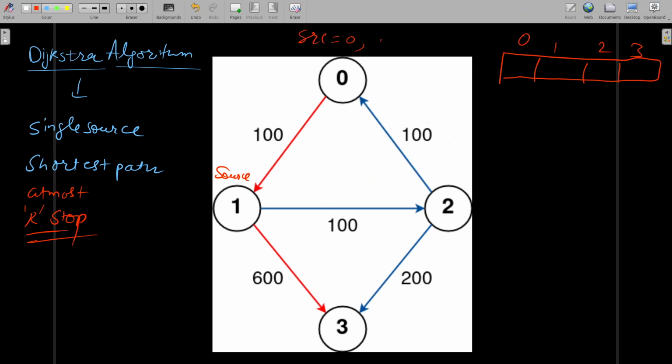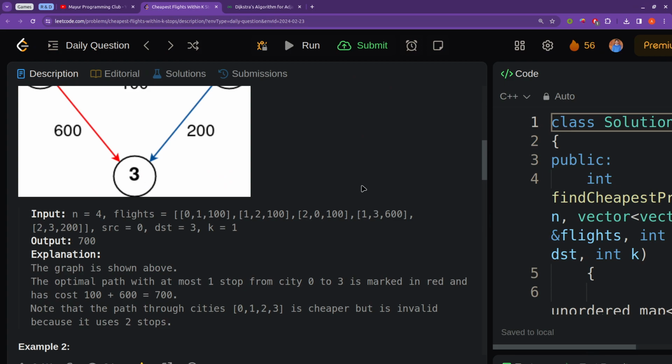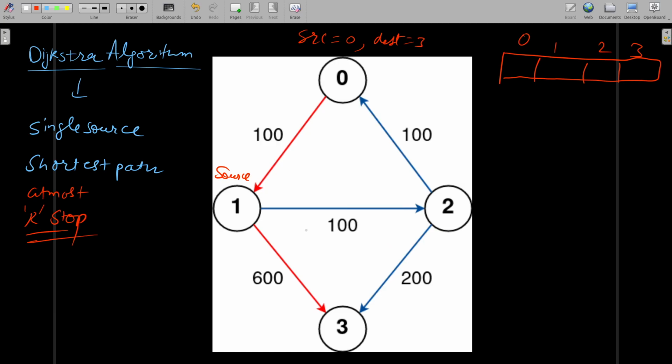So source 0 and destination 3. So we know what is the source and what is the destination, and then there is k. Okay, so for now, for simplicity, let's think that there is no k first of all. So let's describe how this particular algorithm will be working. So we know that 0 will be our source.